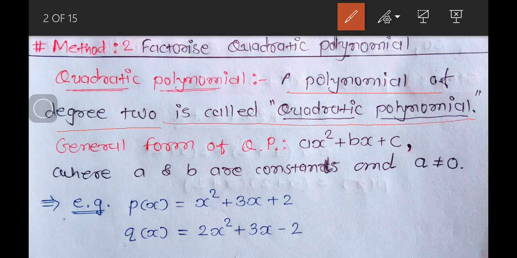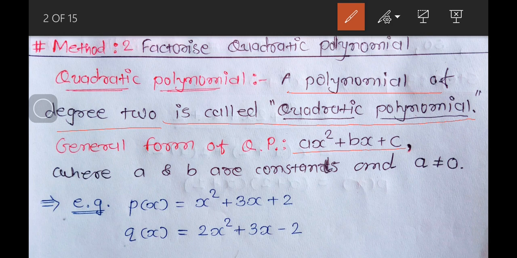In a given polynomial, if you find the highest power of a term in the polynomial as 2, and it is known as the degree of the polynomial, then the polynomial of degree 2 is called a quadratic polynomial. The general form of a quadratic polynomial is given as ax square plus bx plus c.